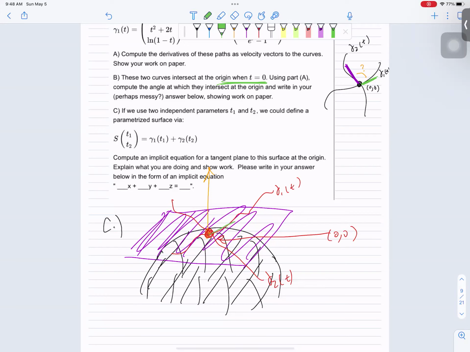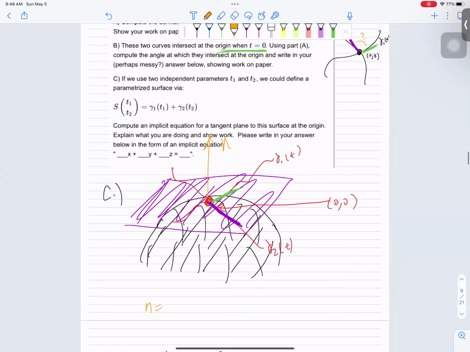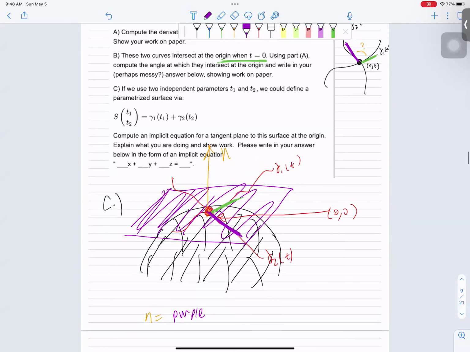My green vector lives on the plane, and my purple vector also lives on the plane. So if I have two tangent vectors, how do I get the normal vector? Cross product. So my normal vector is going to be the cross product of the purple vector from gamma 2 with the green vector from gamma 1.